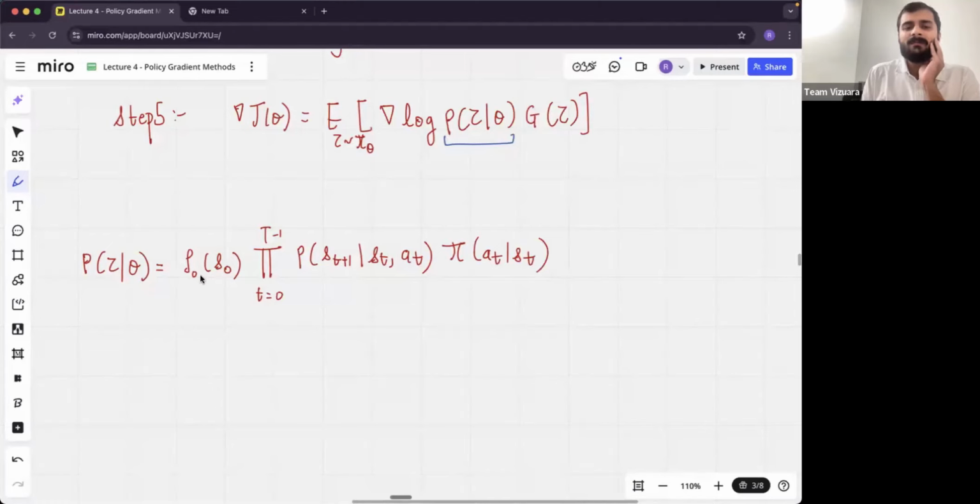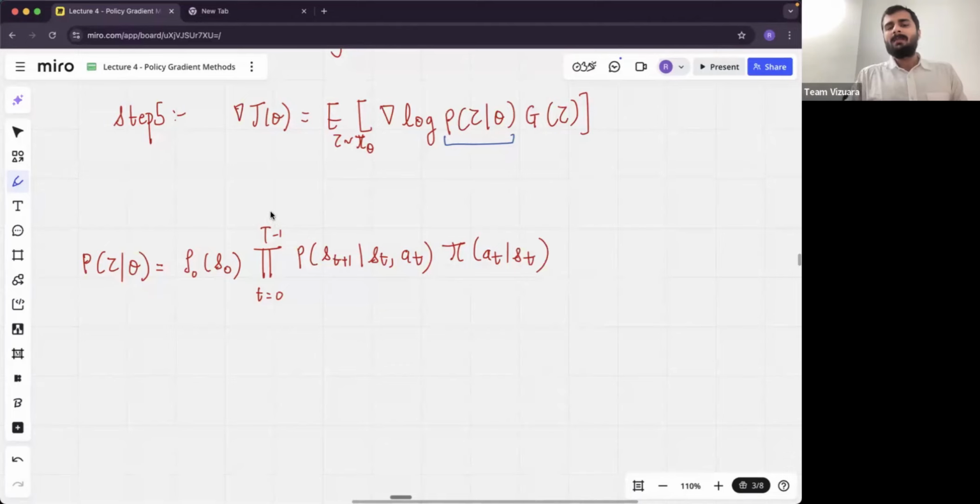Okay, so let's start from the first. First, I take the probability of starting out at state S0. Then I take the probability that I take action A0, so I multiply by that, and then I again multiply that by the transition probability from state S0 to S1.